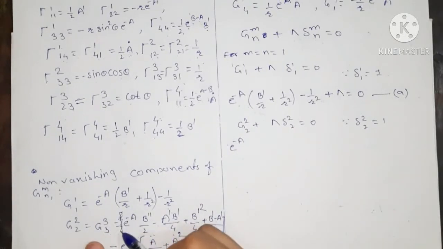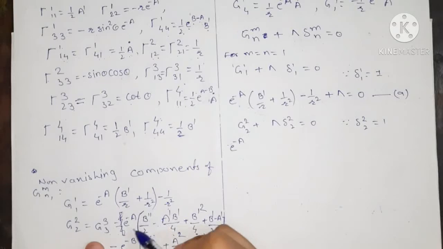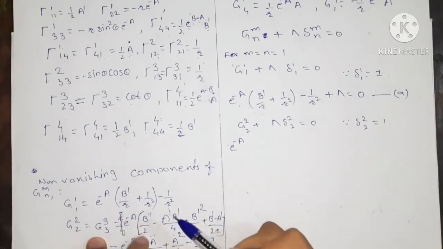Here the bracket is inside this b double dash. Okay, so e to the power minus a and then we have the bracket.